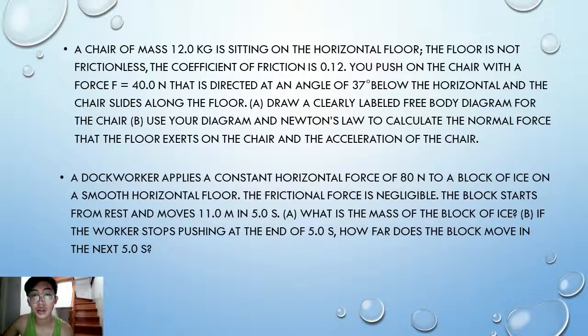So letter A, draw a clearly labeled free body diagram for the chair. So yan yung pinakamahalaga sa lahat para masagutan natin ng maayos yung ating problem. Next is use your diagram and Newton's law to calculate the normal force that the floor exerts on the chair and the acceleration of the chair.